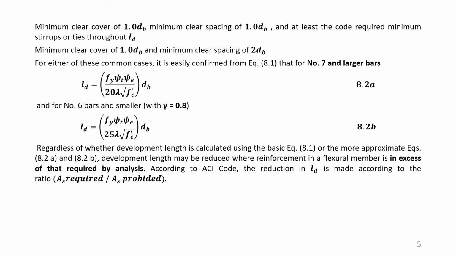These two equations are frequently used, and normally we will use them where we do not want the rigorous calculation. There is a significant amount of difference in length between the simplified formula and the rigorous, complicated formula.